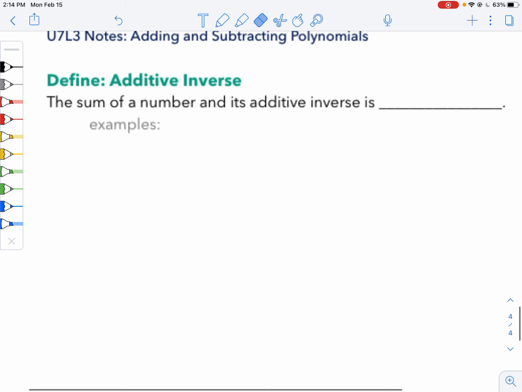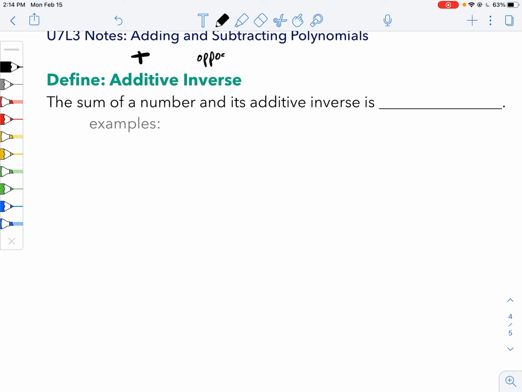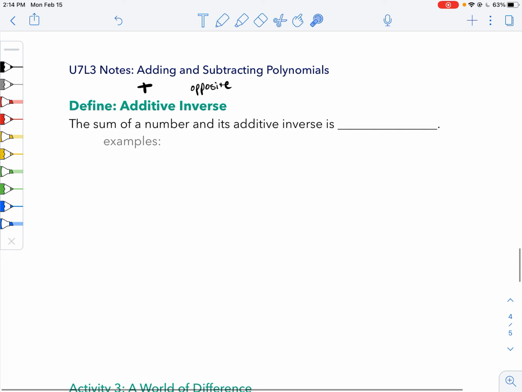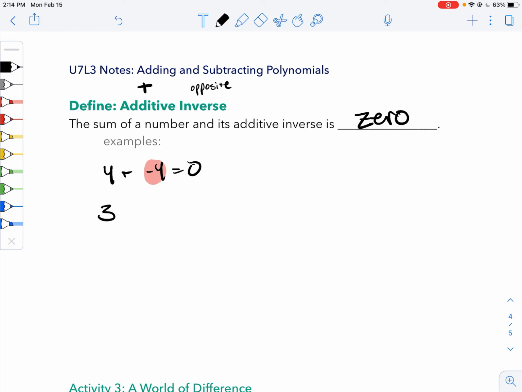Okay, cool. Let's talk real quick about additive inverse. When you look at add, think plus, but when you think inverse, think opposite. So the sum of a number and its additive inverse, when you add a number and its opposite together, you should get 0. For example, if you have 4 plus -4, that's 0, right? Or if you have 3 plus -3, that's equal to 0.